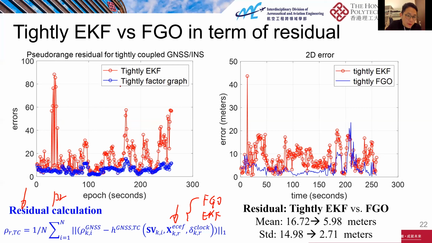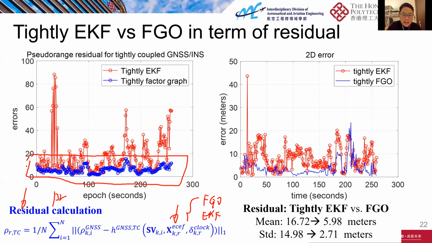Comparing the pseudorange residual of EKF and FGO, you can clearly see that FGO has the capability to find a subset of the state that is consistent with the constraint. So again, tightly coupled FGO is able to find a subset of the state consistent with the constraint. That's why the solution is much better.